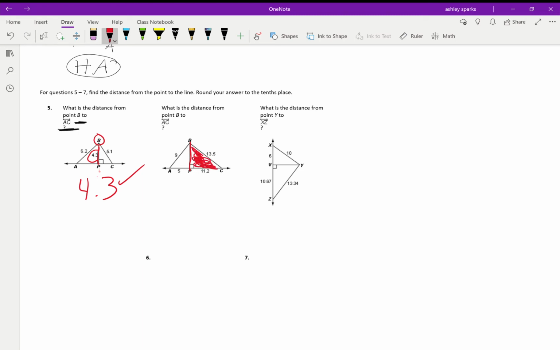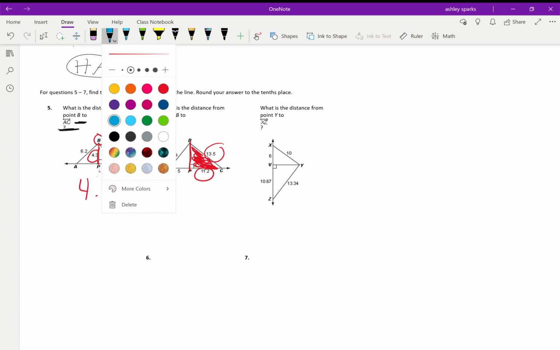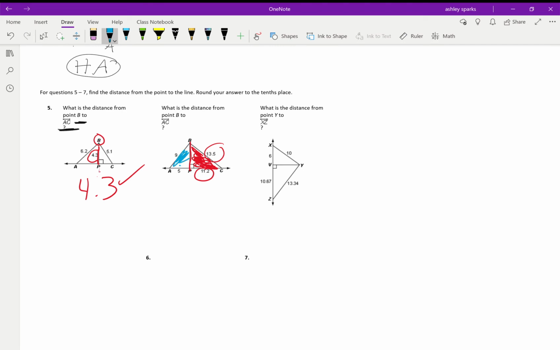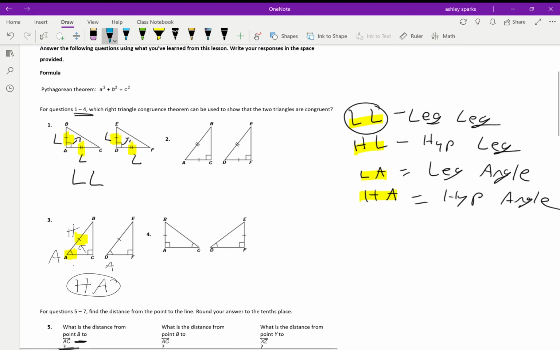So you have sort of this red side with the 11 and the 13. And let's make a blue side. We have our blue side with 5 and 9. In order to solve these problems, we're going to have to use our Pythagorean theorem. a squared plus b squared equals c squared.